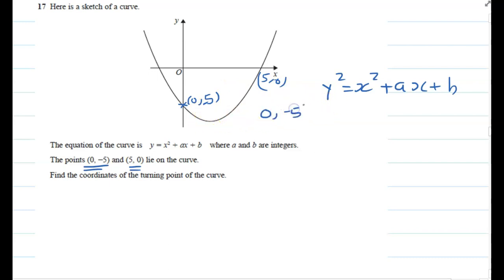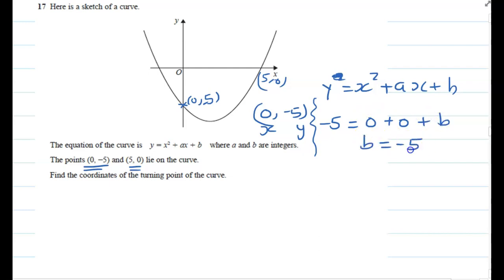So if we put x equal to 0 and y equal to minus 5 here, y is minus 5 and x is 0, so it will be 0, this will be 0, and b we got minus 5.